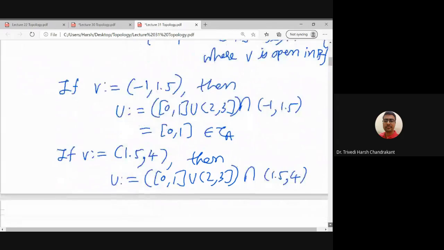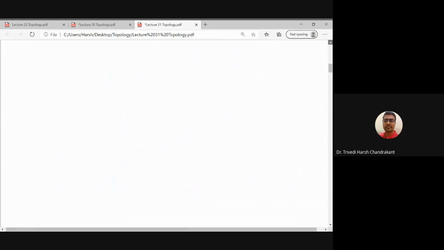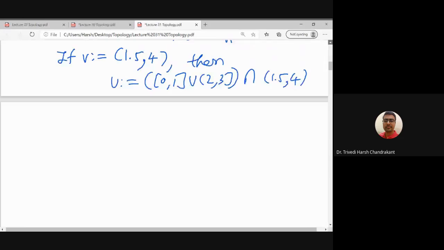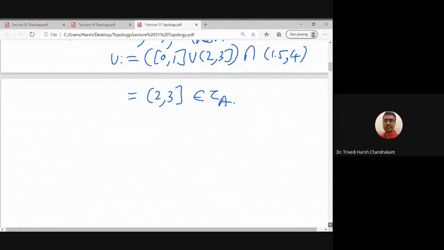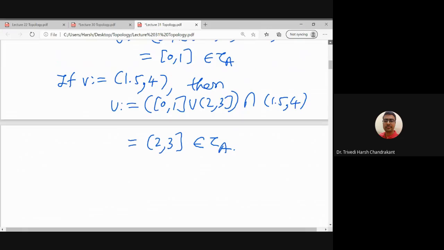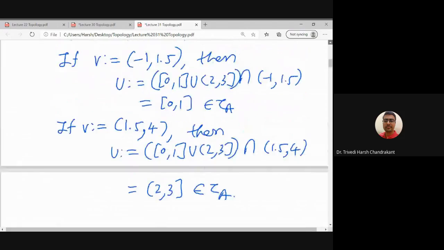Whatever intersection we get will be open in the subspace topology. And by the selection of this open interval, it is clear that the intersection is 2 3. So this is again an open set in the subspace topology on A, right?